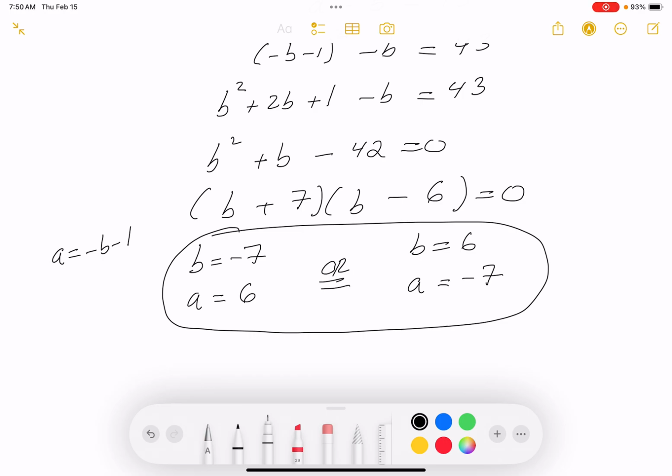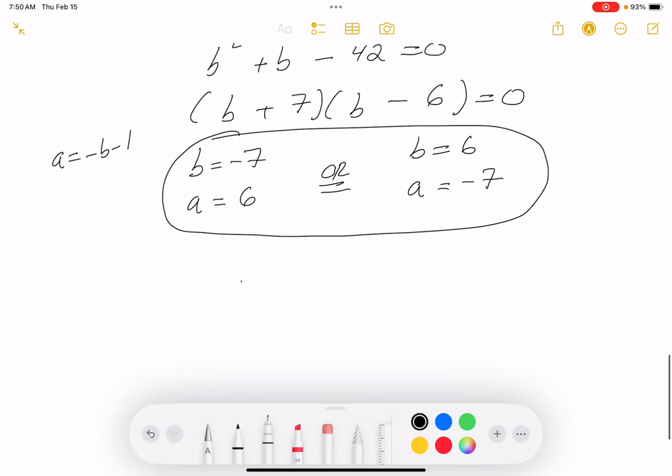But granted, if you want to graph these things out, I would recommend that you graph out y squared minus b. I'm sorry, I'm going to x's, right? Sorry about that. Let me get my eraser out. So y squared minus x equals 43. And by the way, what I'm doing over here, I'm looking at a squared minus b equals 43. And the other one is going to be b squared minus a equals 43.